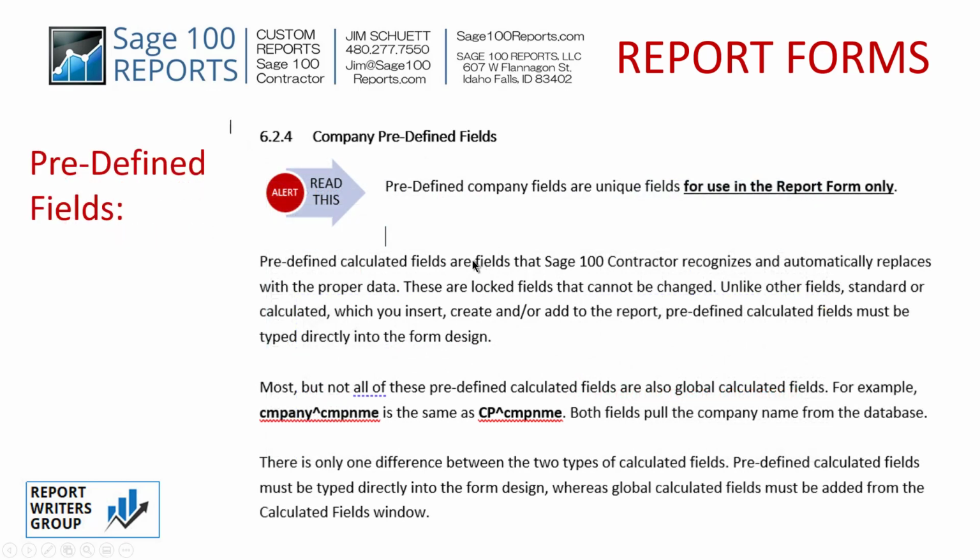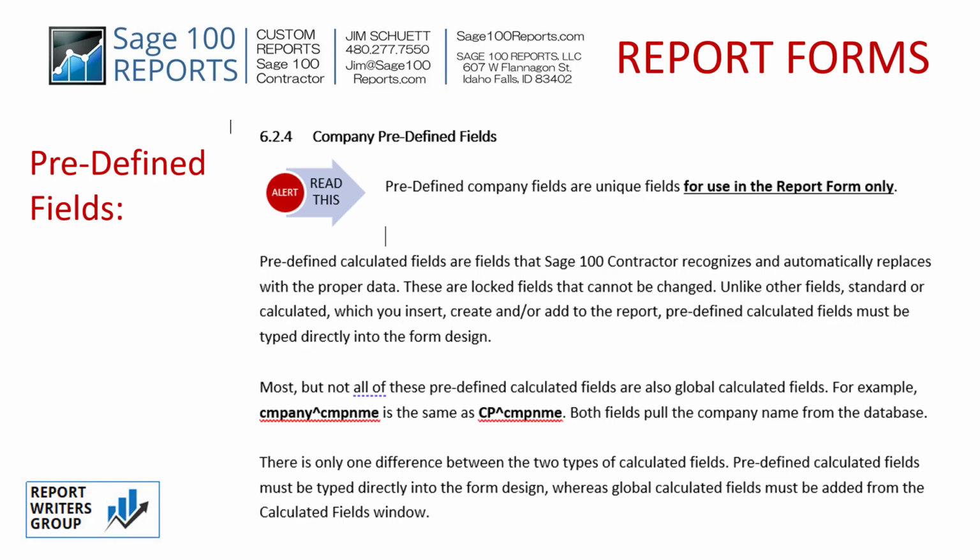The predefined company fields are unique fields for use in the report form only. Predefined calculated fields are fields that Sage 100 Contractor recognizes and automatically replaces with the proper data. These are locked fields that cannot be changed, unlike other fields, standard or calculated, which you insert, create, and or add to the report. Predefined calculated fields must be typed directly into the form design.